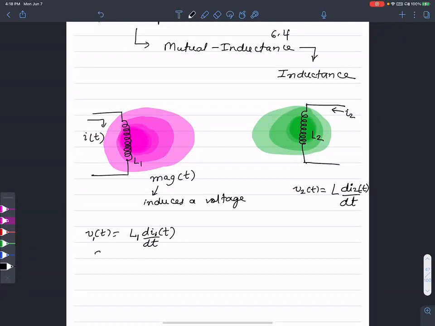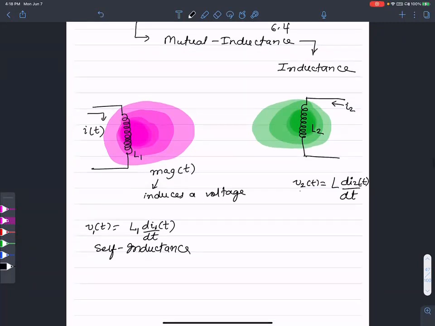These are called self-inductances, the voltage that is set up by the pink magnetic field. This v2 is induced by self, meaning L2 produces a green magnetic field, and that magnetic field creates a voltage in L2.